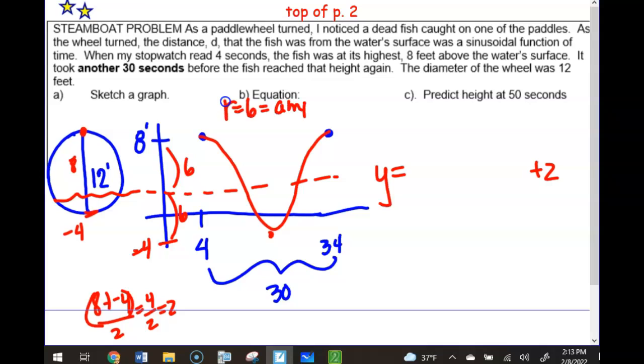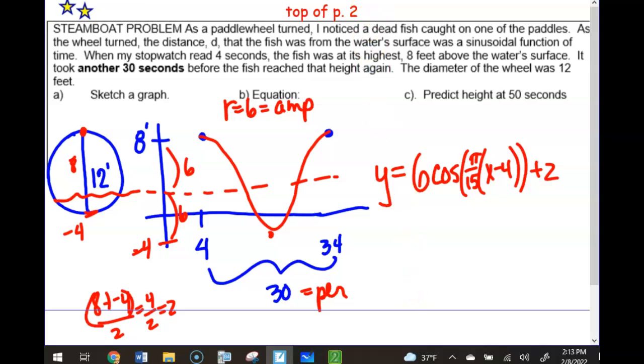Is the amplitude. So we got a 6 out front. I'm going to call it a cosine. Shifted to the right, 4. So now I need to figure out what's the period. 30, so we can put a 2 pi over 30 or a pi over 15 in there.